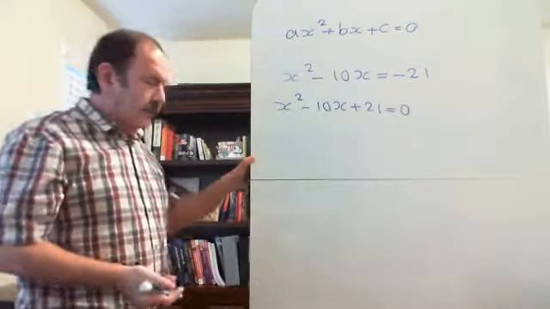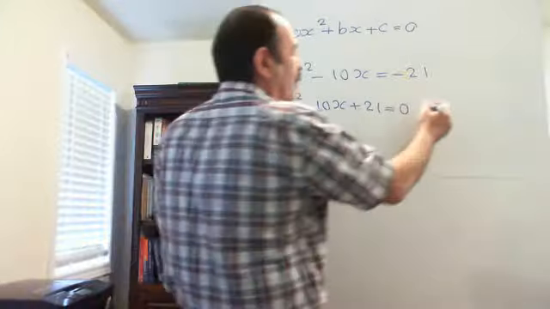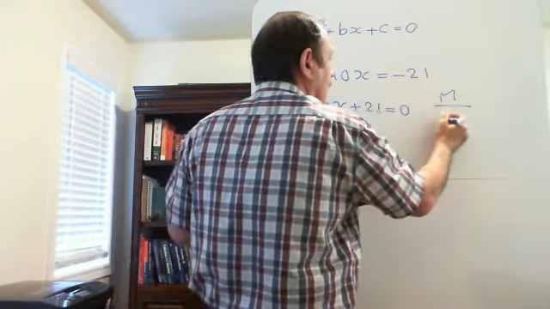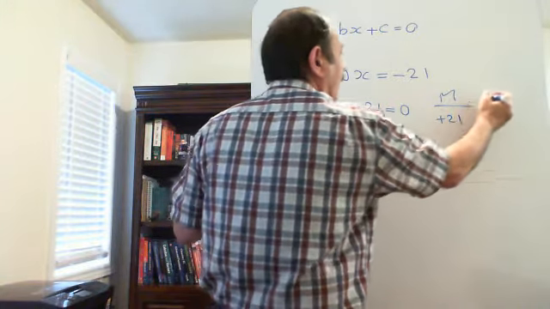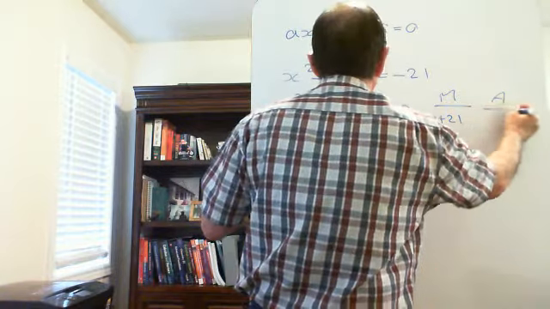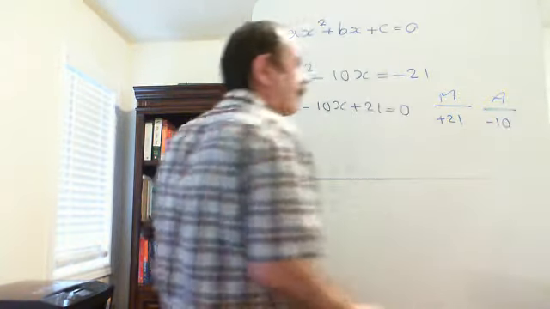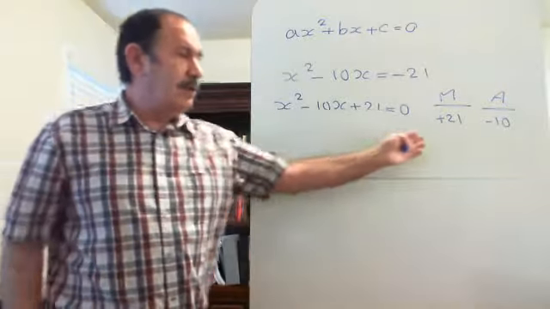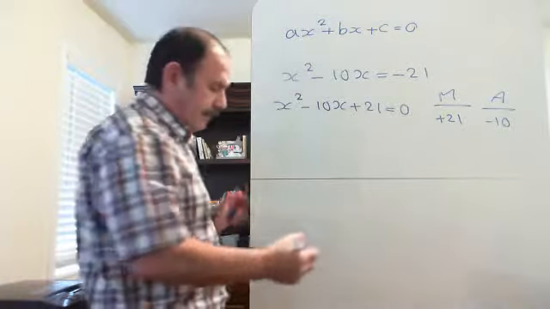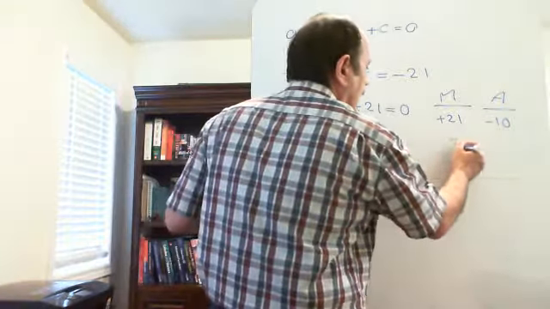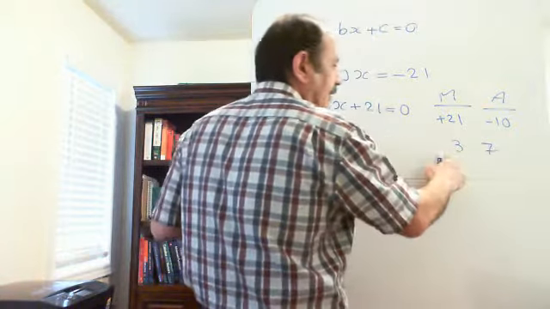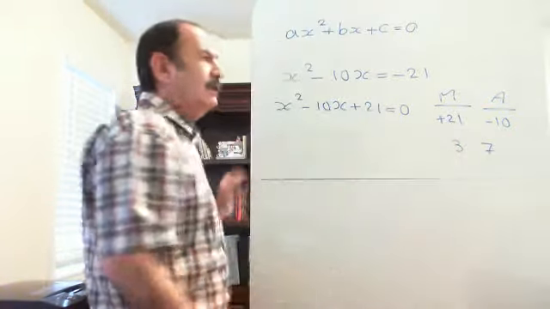Now again, I need to find two numbers. When I multiply them, the result should be plus 21, and when I add them, the result should be negative 10. What are those numbers? 3 and 7, because 3 multiplied by 7 gives me 21.